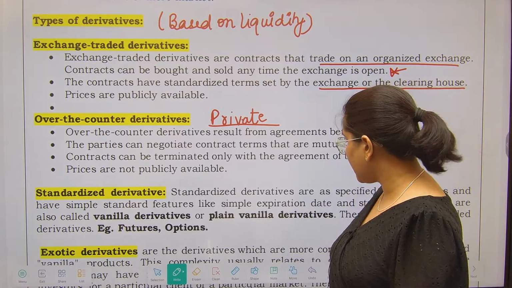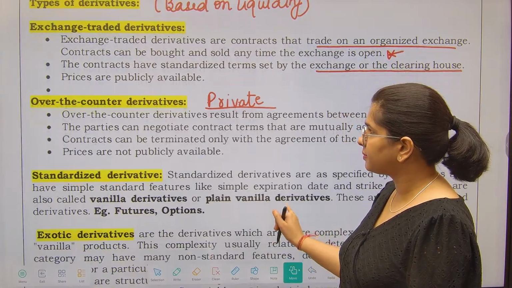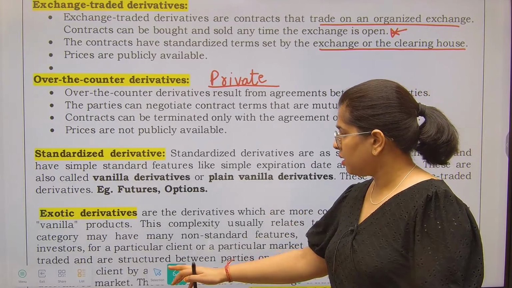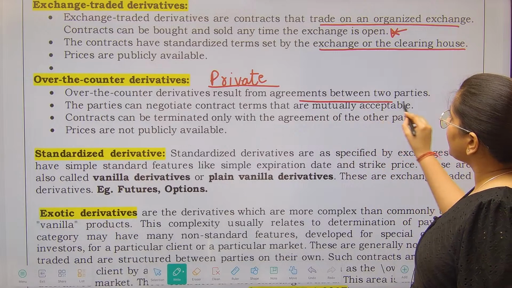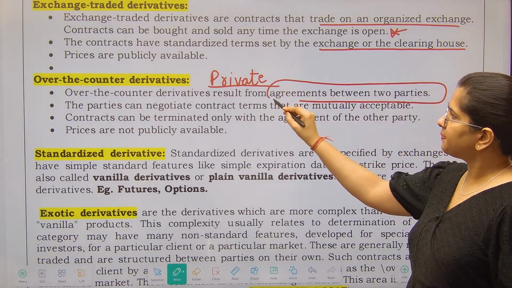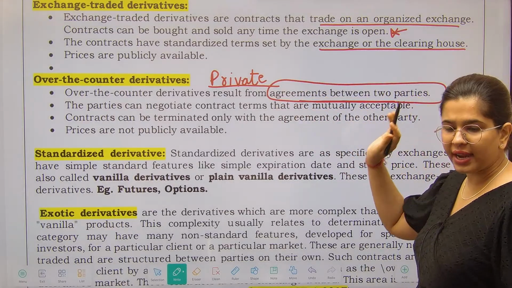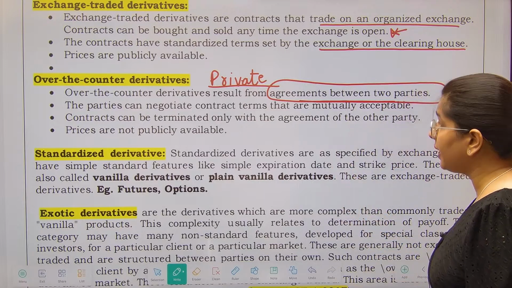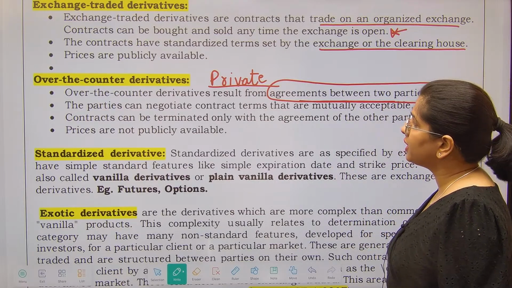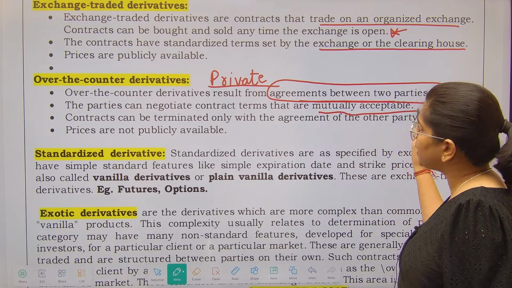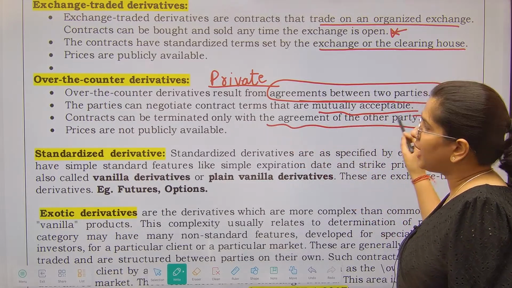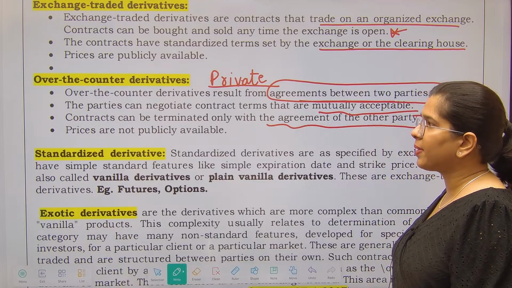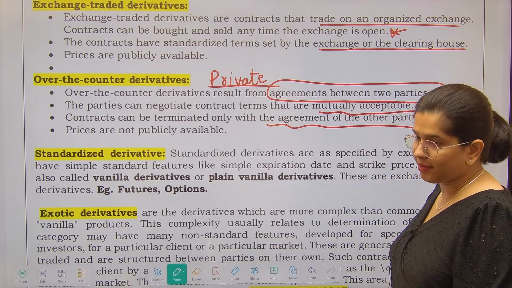Next is the over the counter derivatives. Over the counter derivatives result from agreements between two parties. So this is more of a private contract. The parties can negotiate contract terms that are mutually acceptable. The contracts can be terminated only with the agreement of the other party and the prices are not publicly available.